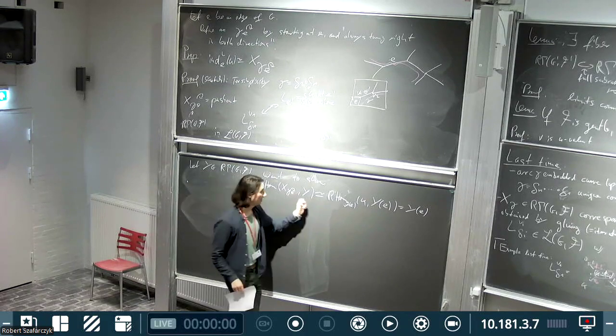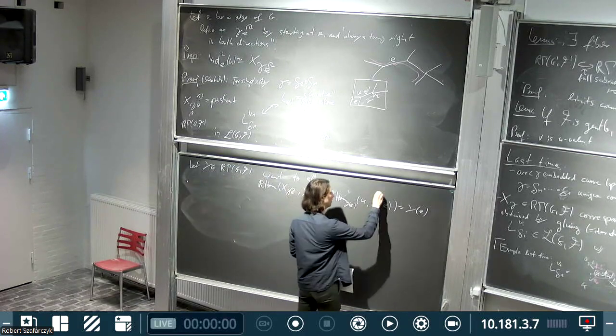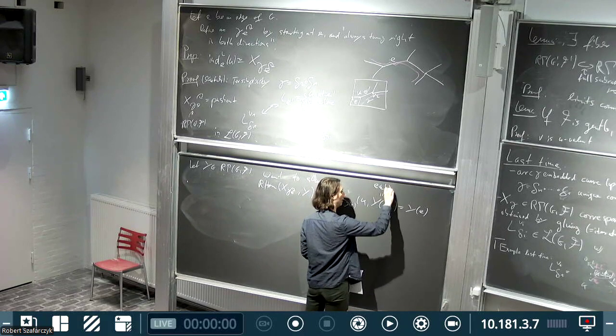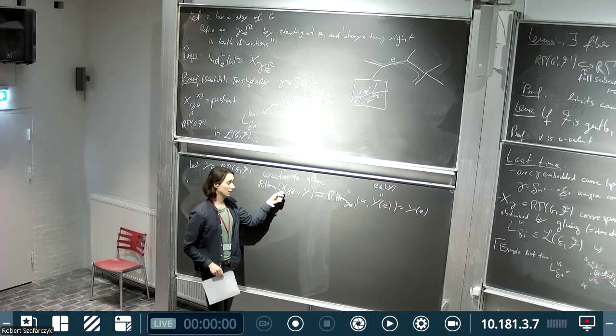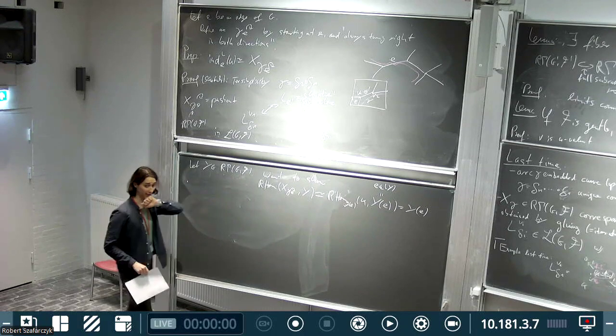The adjoint of evaluation at E is given by induction, and this takes this value.